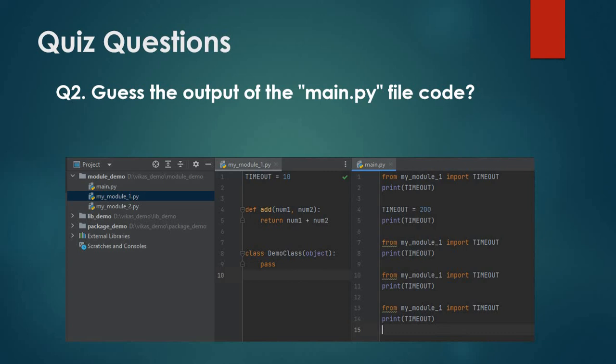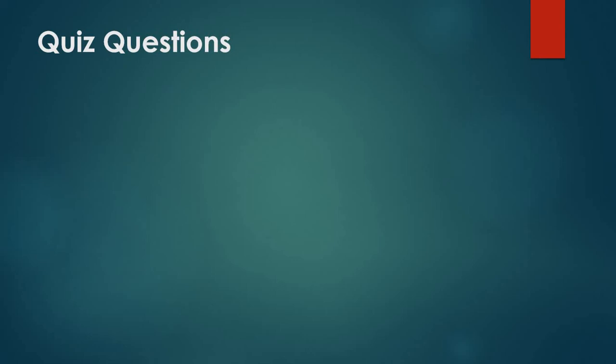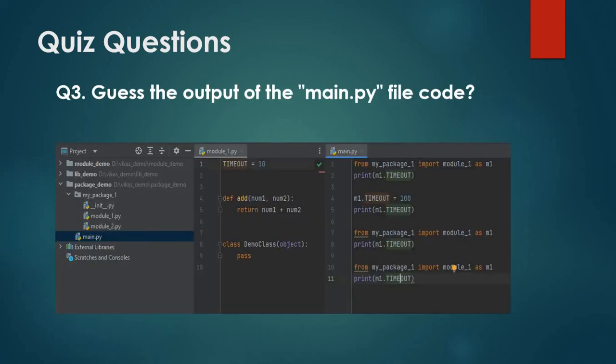You need to guess the output and mention it in the comment as Q2 answer without running the program. This is the third question. Here we have imported a module from the package, and yes, same, guess the output and mention it in the comment.